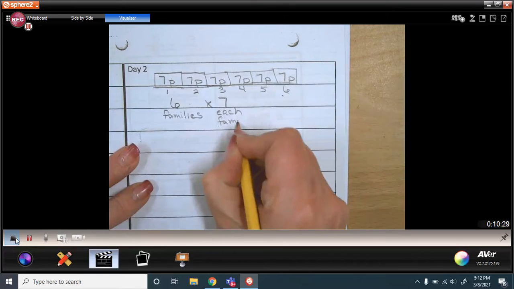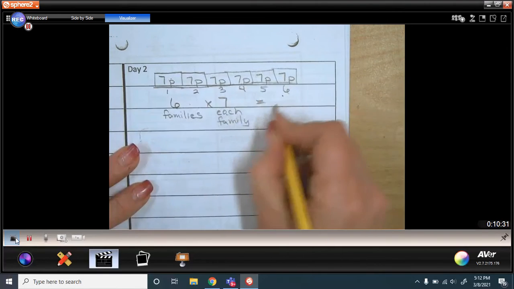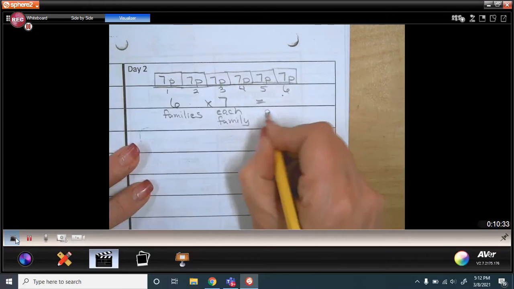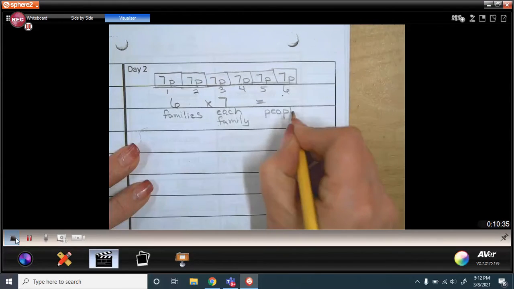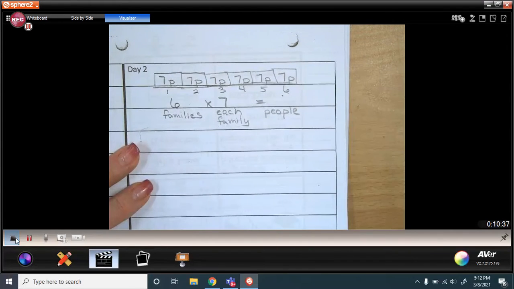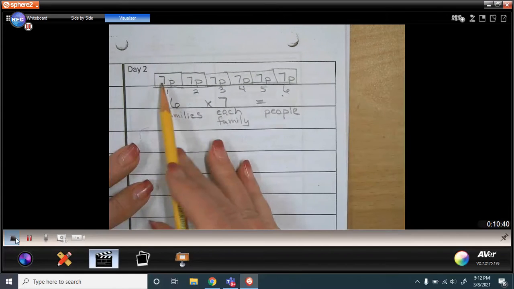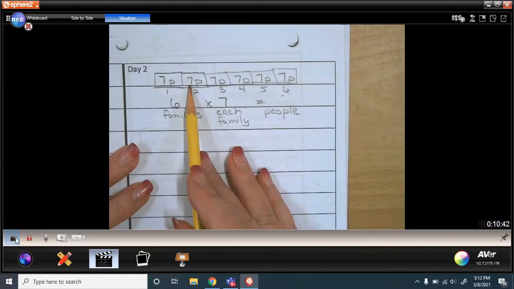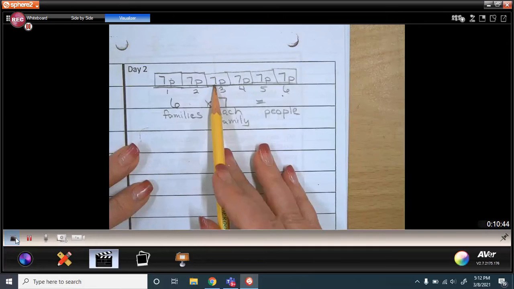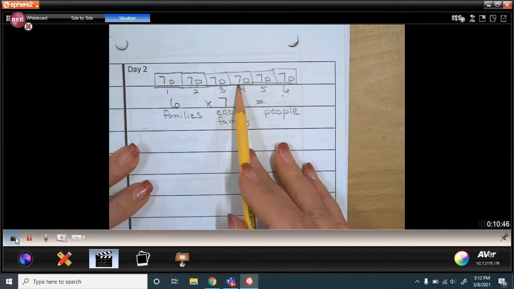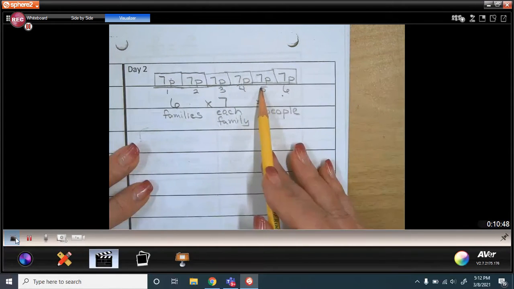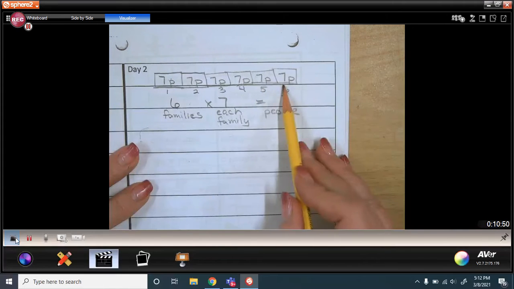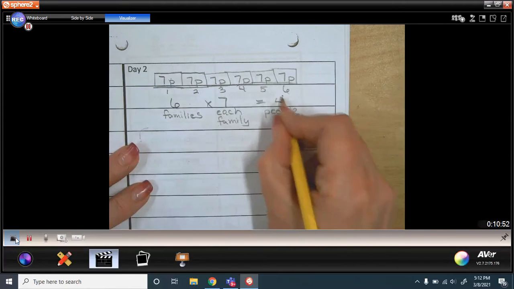And I want to know how many people are going to dinner. Now, if I know how to count sevens, well, then I can add 7 plus 7 is 14, plus 7 is 21, plus 7 is 28, plus 7 is 35, plus 7 is going to be 42.